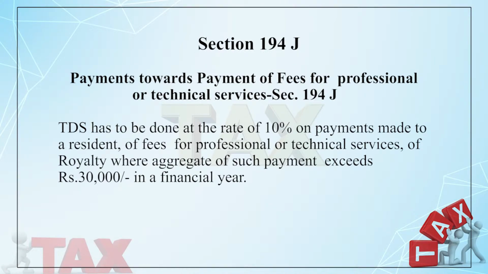And what does this section say? This section says that whenever a payment has been or is going to be made, whenever a technically qualified person has been engaged to provide technical or professional services, for example, a chartered accountant, a cost accountant, an architect or an engineer, for providing certain services, whether audit or technical service or something like that, when the payment is made to such a person, that amount is chargeable to TDS.